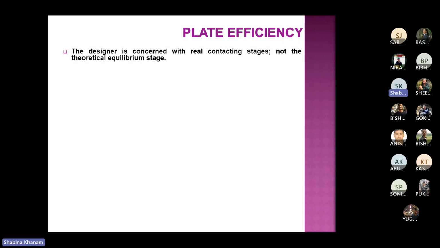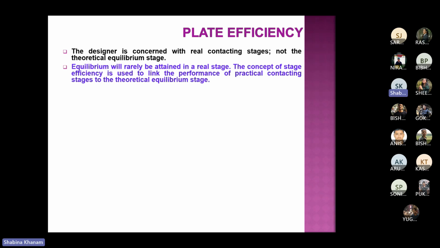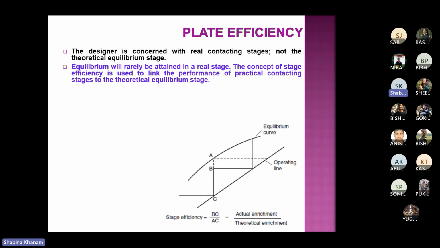We need to see whether the actual separation we would like to have is what we are getting or not. So equilibrium will rarely be attained in a real stage. The concept of stage efficiency is used to link the performance of practical contacting stages to theoretical equilibrium stages.